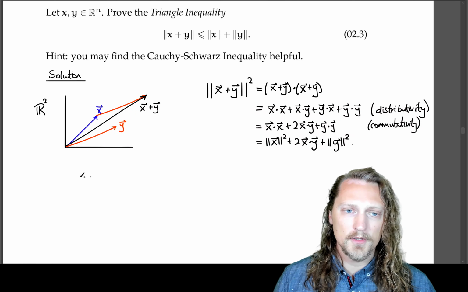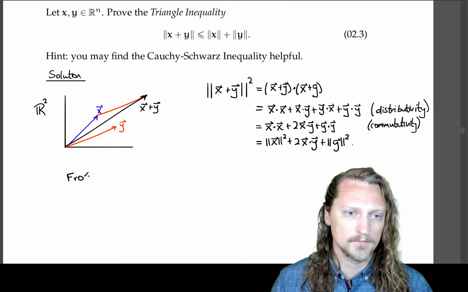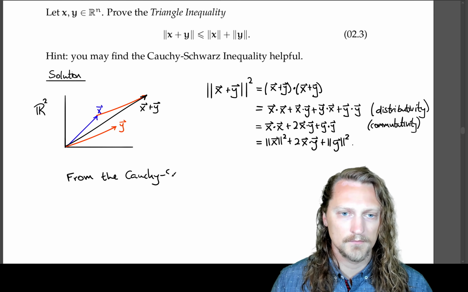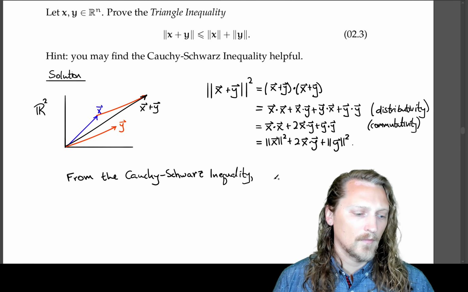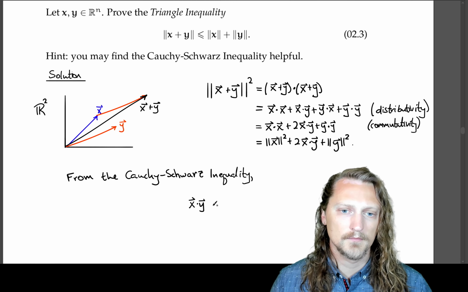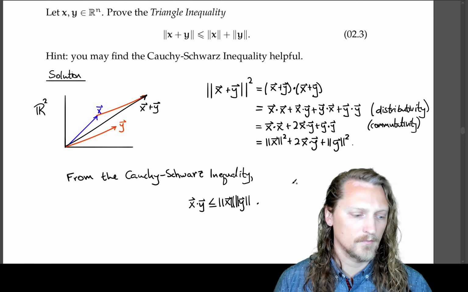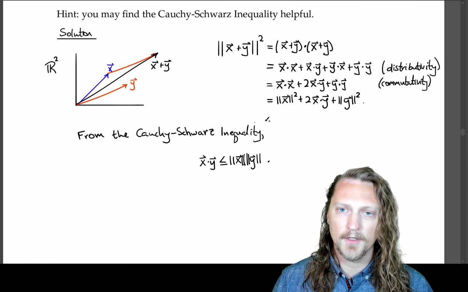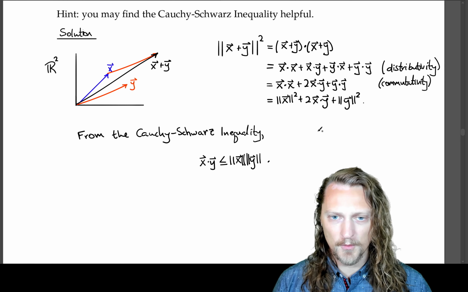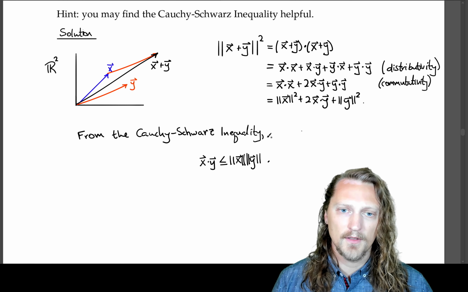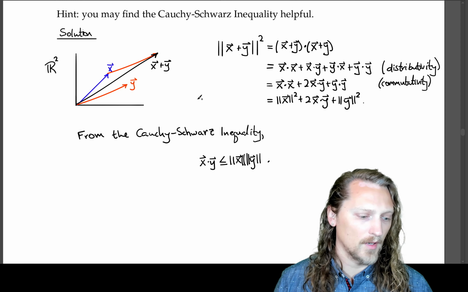Good. The Cauchy-Schwarz inequality comes in here. We have a term x dot y in the previous expression, so we're going to use this inequality to give us an inequality in the above expression.